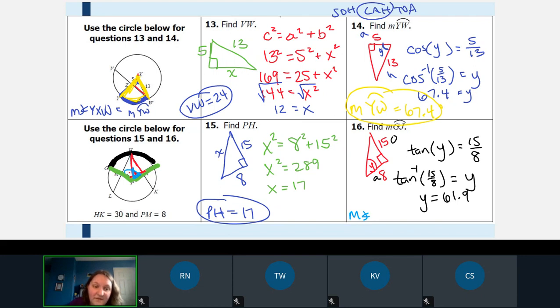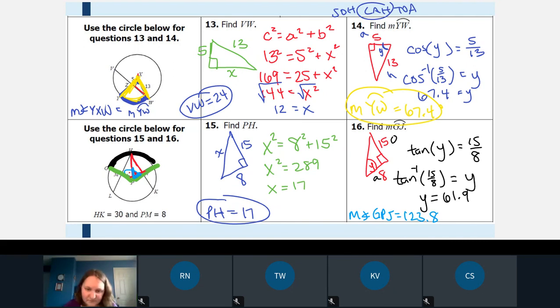So the measure of angle GJ is equal to 123 point. Okay, now here's the thing: if you take your calculator and just multiply by 2, it's going to round to 123.9. If you do your 61.9 and just multiply it by 2, you get 123.8. So it depends on if you cleared your calculator or not. I'm okay with either answer.